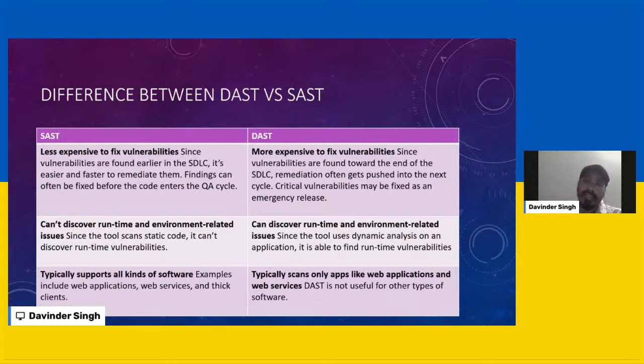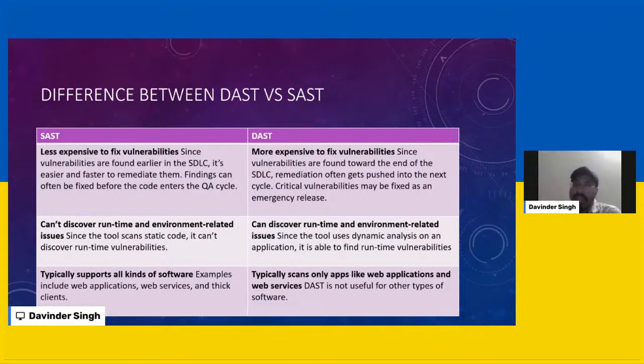Okay, so DAST is more expensive to fix vulnerabilities since it is towards the end. Again, you have to go back and fix the issues. Again, you have to come back through the SDLC one by one. Again, QA has to analyze it. Again, you have to deploy in the environment. Either it could be a patch or a full build, based on how critical the issues are and how many APIs they need to fix.